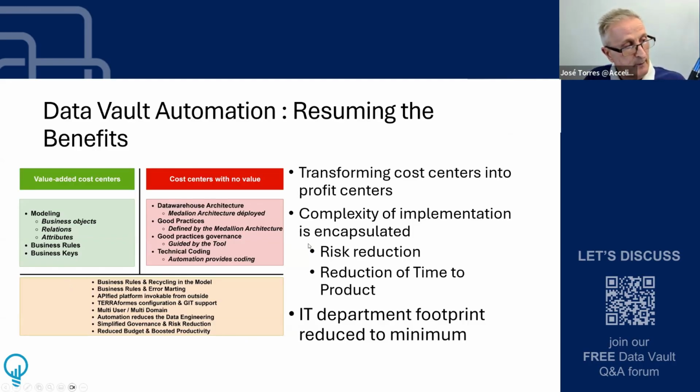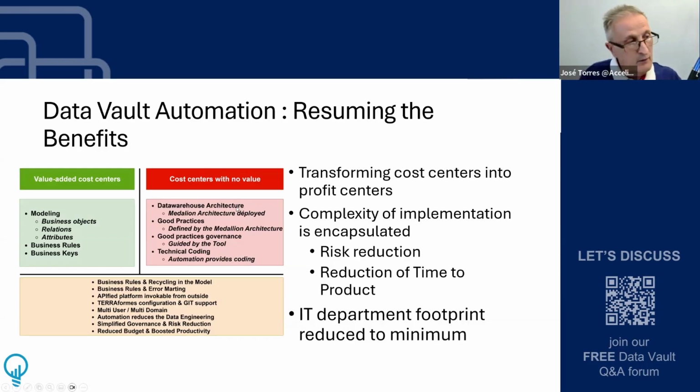Okay, so let's resume the benefits of the Data Vault plus automation before making the actual demonstration. When you build your data platform, you have two types of cost centers. You have cost centers with value added and those with no value. For example, let's list those which have no value. Data warehouse architecture. Data Vault brings a very clean architecture, so you don't have to spend hours of time with a big team to redesign a new data warehouse architecture.